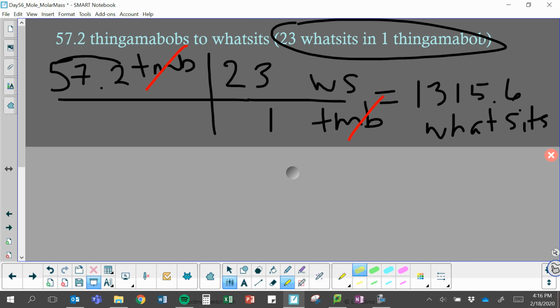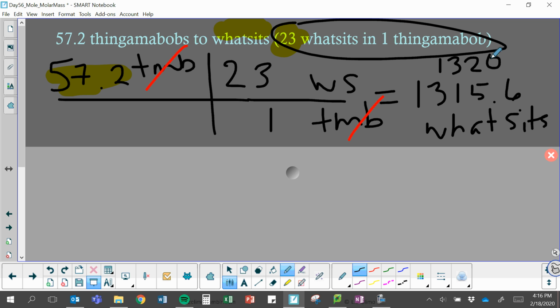So this number here has 3 significant figures, and then remember that our unit conversion is going to have an infinite number. So that means our final answer will have 3 sig figs.